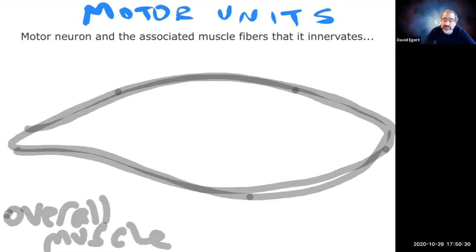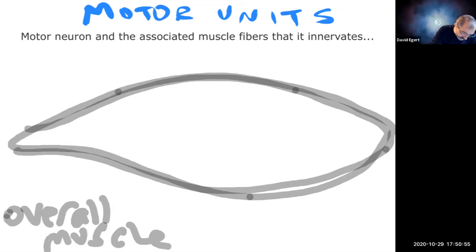Let's say it's your biceps muscle or your triceps muscle or your gastrocnemius muscle or whatever muscle. This is the muscle that is connected to the bone. That's the big organ made out of lots of different muscle fibers connected. So a motor unit is going to be like this.